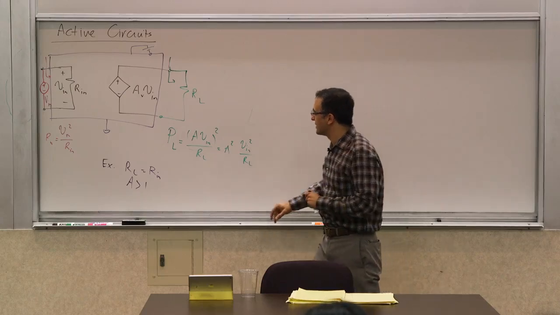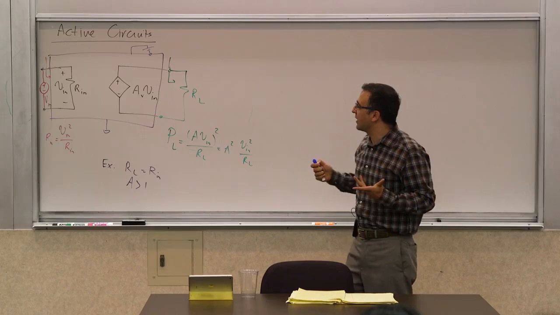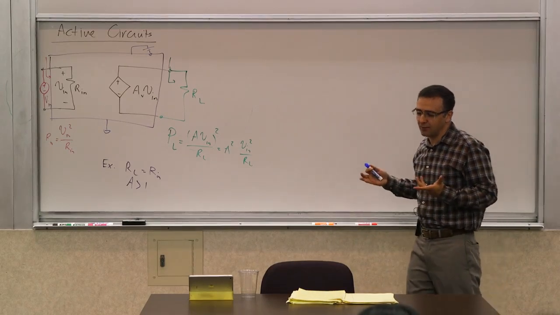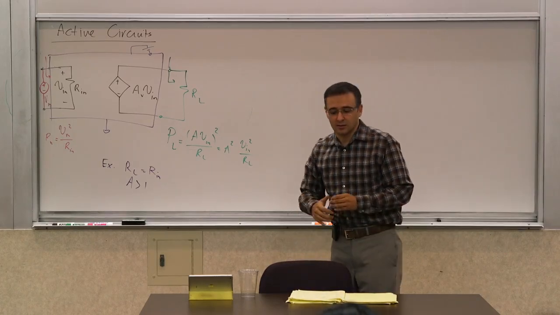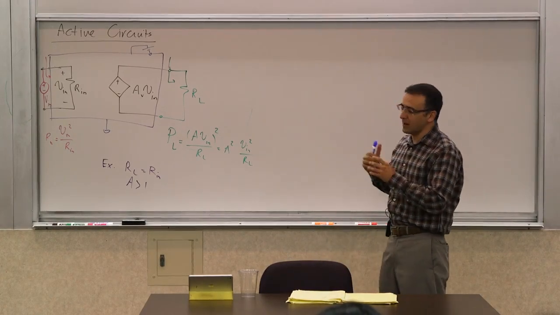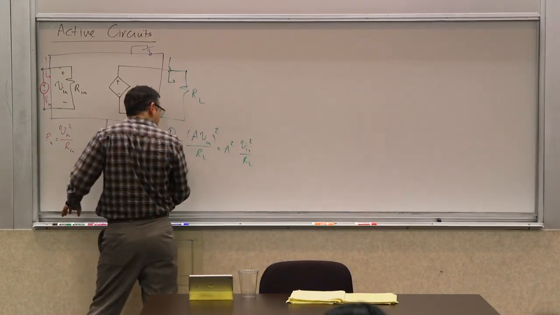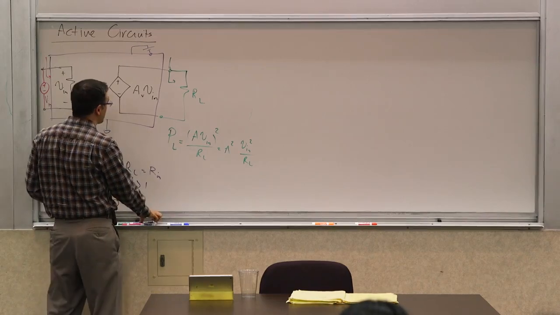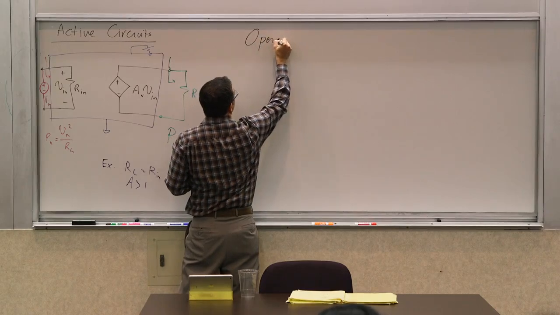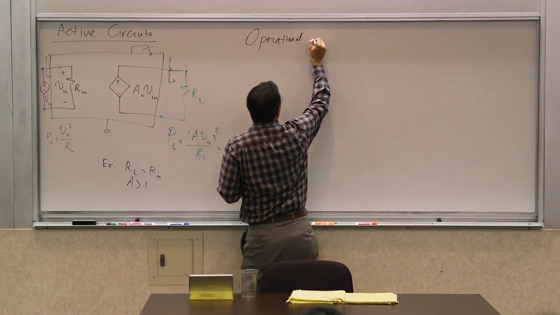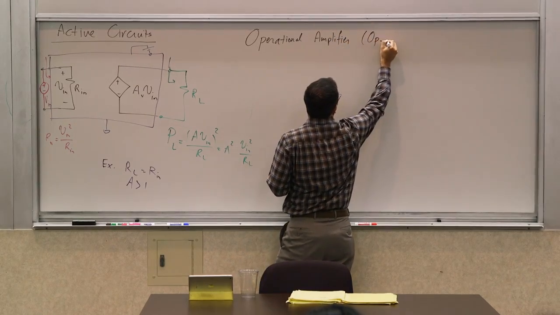So having said all of these things, this is an amplifier, right? This is a very simple amplifier. This is an example of a voltage amplifier. And as I said, in reality, these things would require certain power supplies and all those things. So that's fine. But now, in reality, one kind of amplifier which is extremely common and extremely useful, if you know how to use it, is the so-called operational amplifier, or op-amp for short.